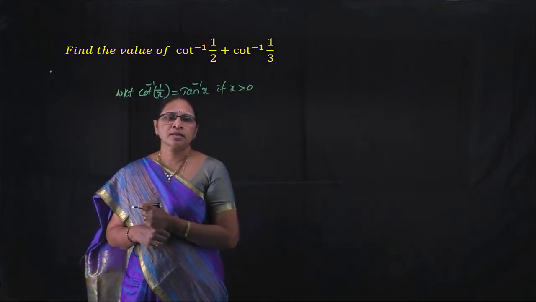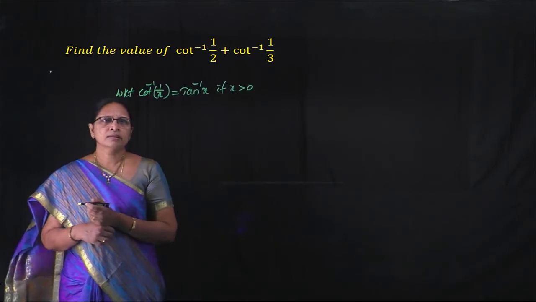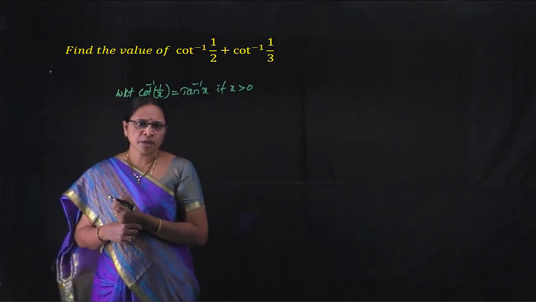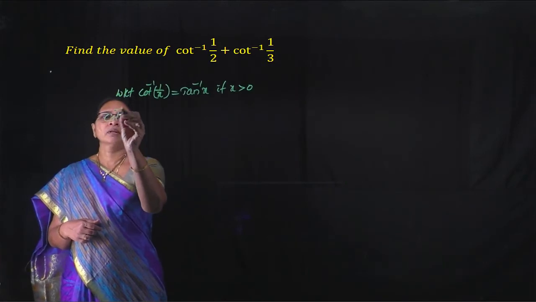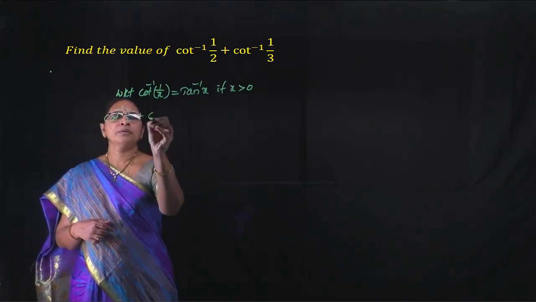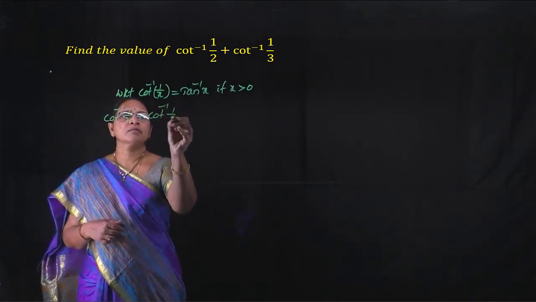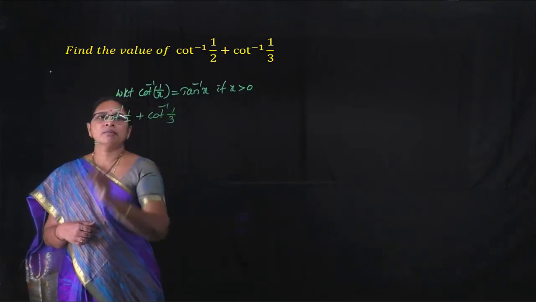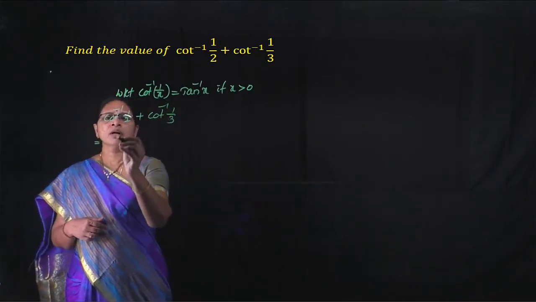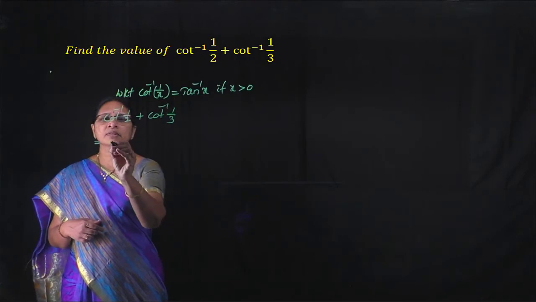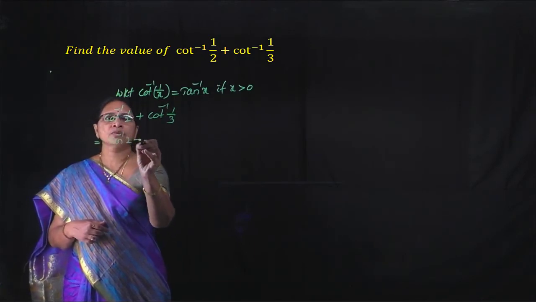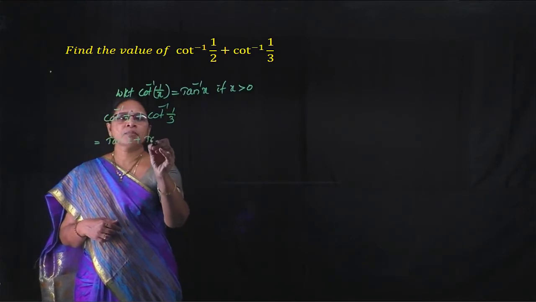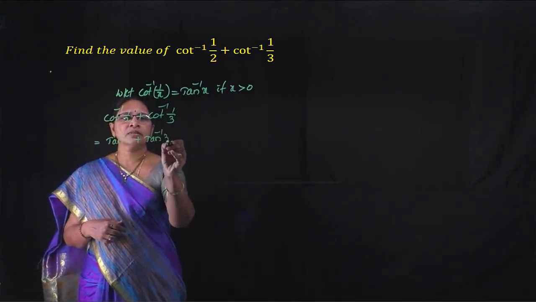Here, cot inverse 1 by 2 is tan inverse 2, plus cot inverse 1 by 3 is tan inverse 3.